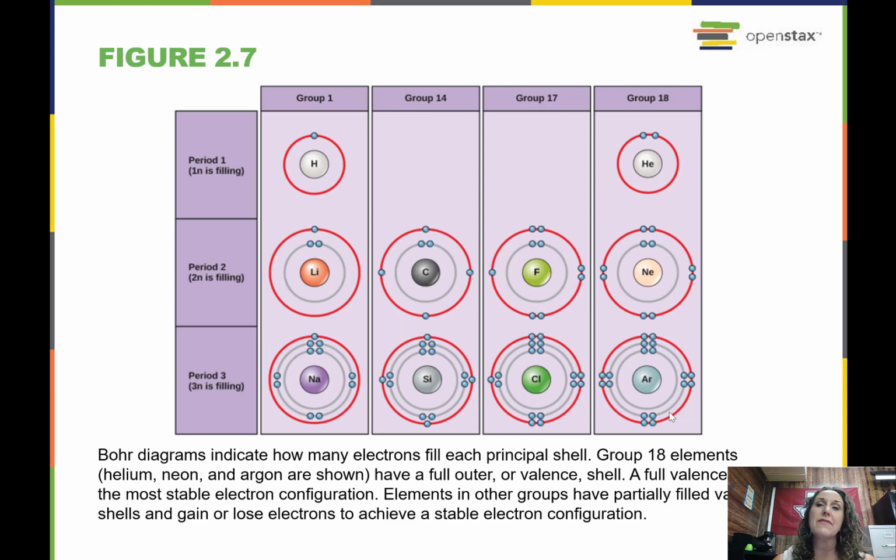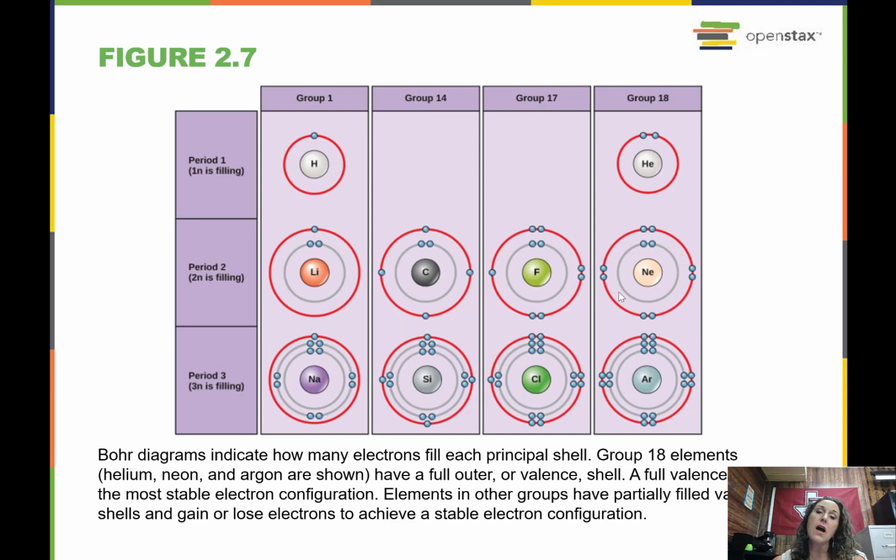So for instance, if you look over here at helium, helium has 2 electrons on their outer shell, which is actually the first one. So that means it's full. So helium doesn't really bond with anything else, okay, because it's happy. So the outer shell being happy, like in neon, it has 8 electrons, means that they are not looking to bond. They are very happy the way they are, and that is the most stable type.